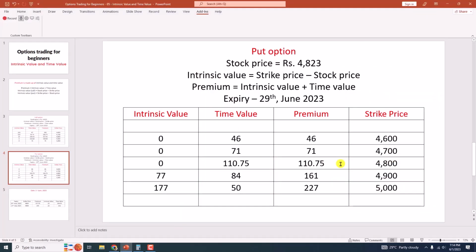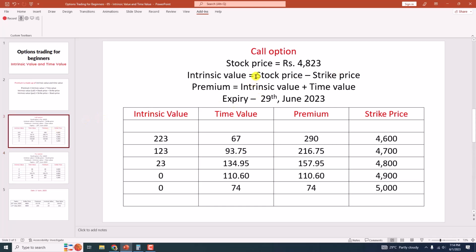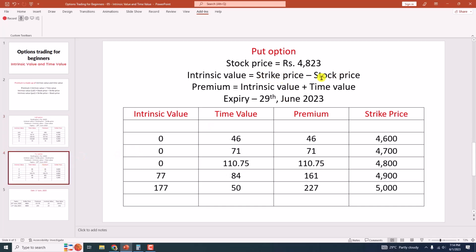Now the only thing that changes here for put option is the calculation of intrinsic value. Intrinsic value for put option is strike price minus stock price. For call option it is stock minus strike. For put option it is strike minus stock.